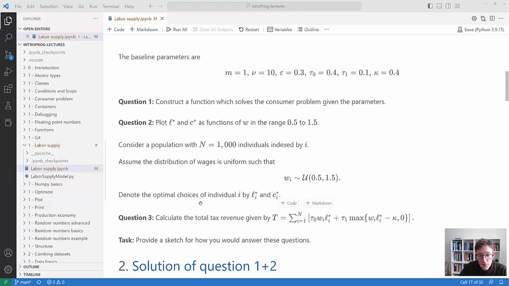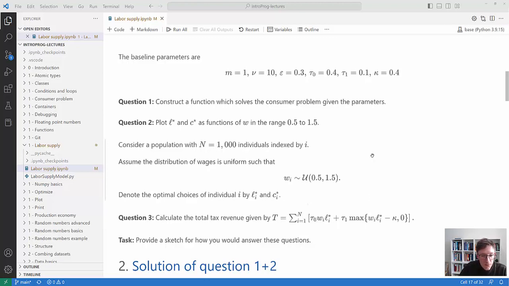And we denote the optimal choices of each individual by L star i and C star i for the labor supply choice and the consumption choice. And then the final question is to calculate the total labor tax revenue by simply summing up over all individuals.